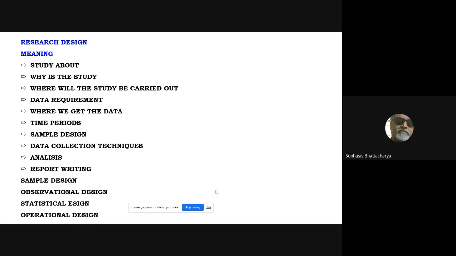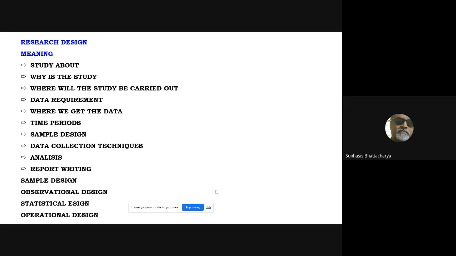So a research design is the arrangement of conditions for collection and analysis of data in a manner that aims to combine relevance to the research purpose with economy in procedure. This is the research design.